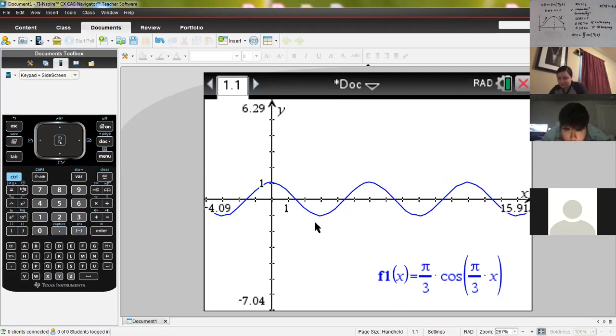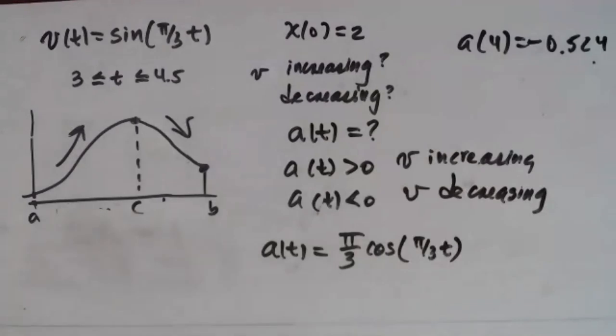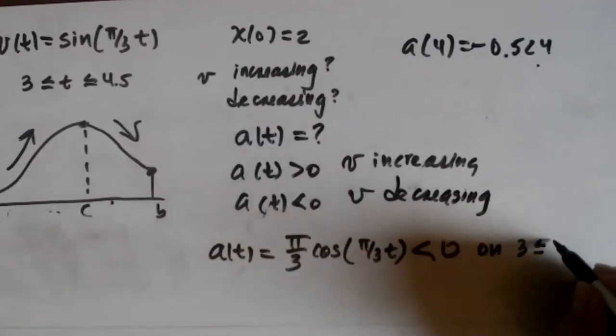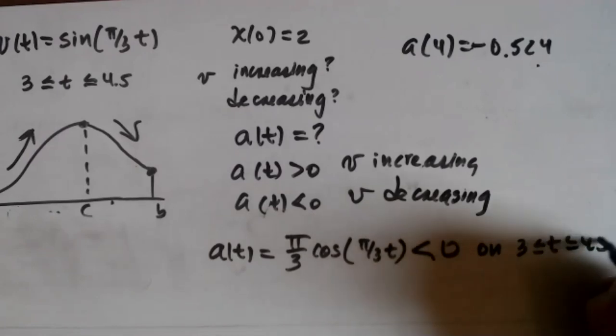Here is the 3, here is the 4, and the 4.5 is like right there. So between 3 and 4.5, the acceleration is negative, for 3 less or equal than t, and t less or equal than 4.5.